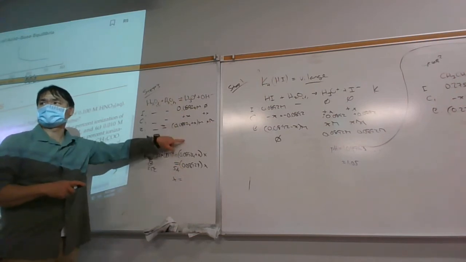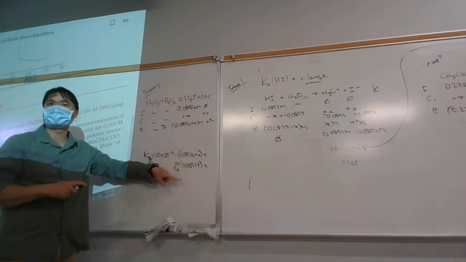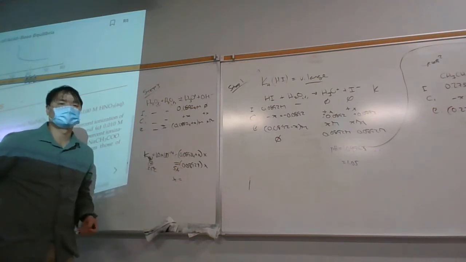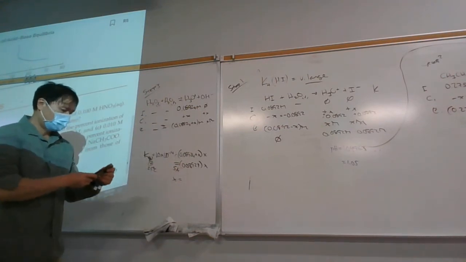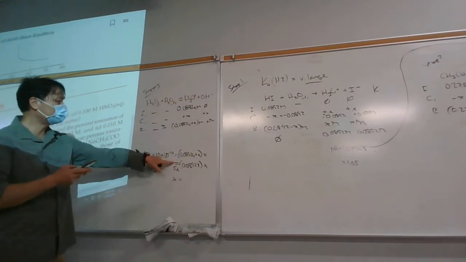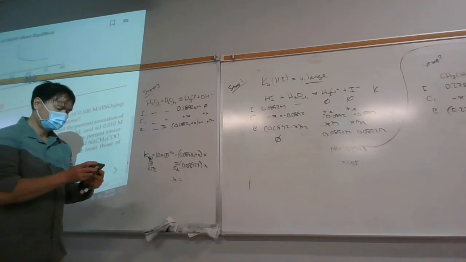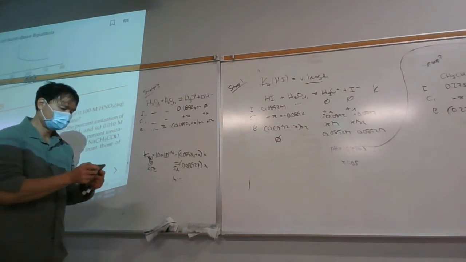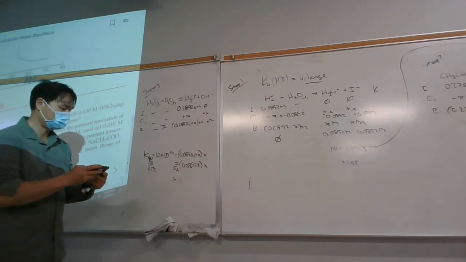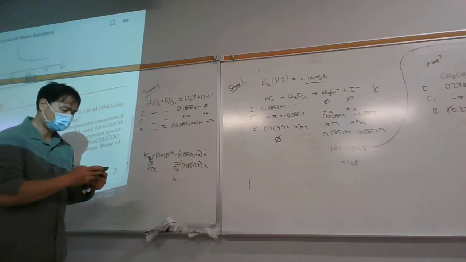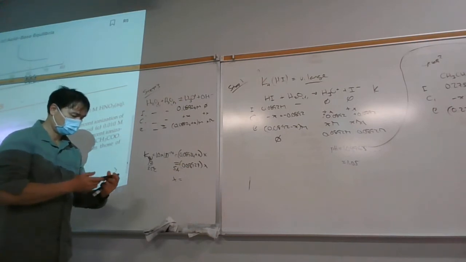So let's skip all these steps, go here, and then calculate the hydroxide, which is X. So we'll go 1 times 10 to the negative 14, divided by 0.08924.